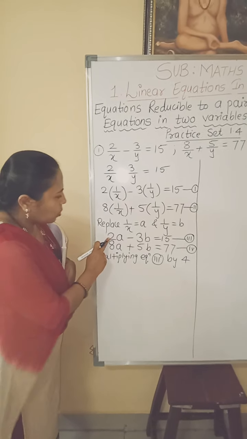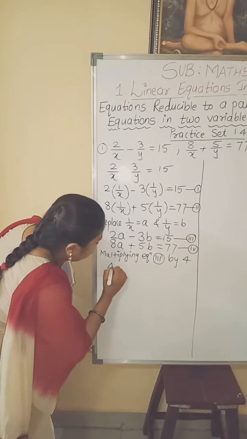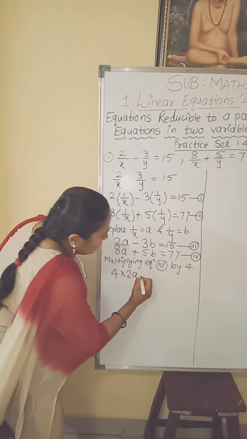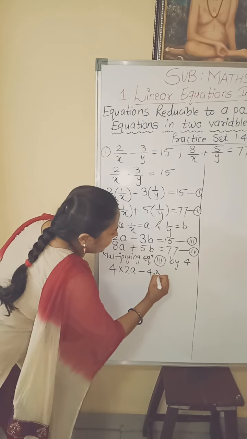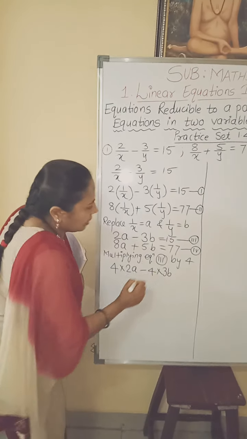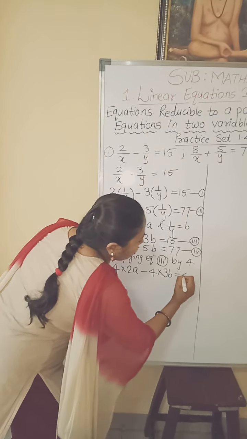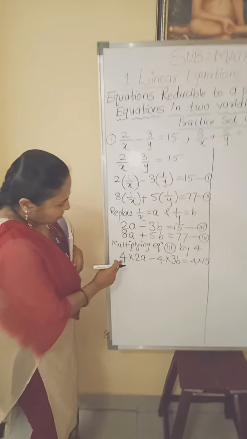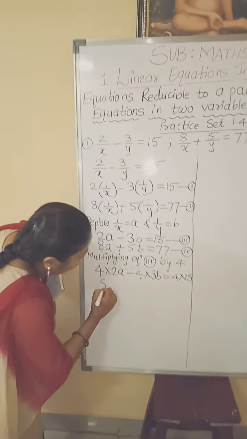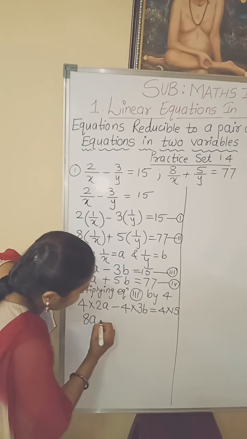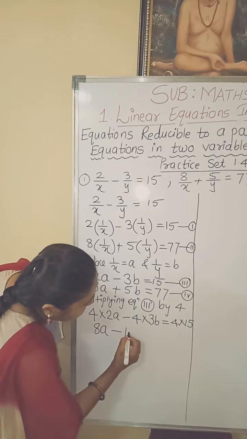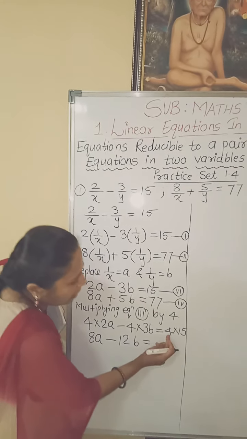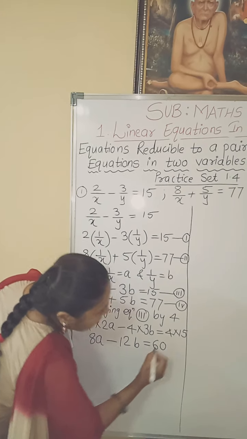First term is 2a. So 4 multiplied by 2a minus 4 multiplied by 3b equal to 4 multiplied by 50. 4 twos are 8a minus 4 threes are 12b equal to 4 fifties are 200.